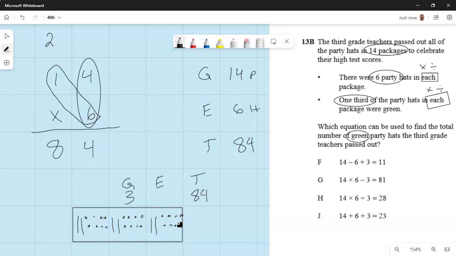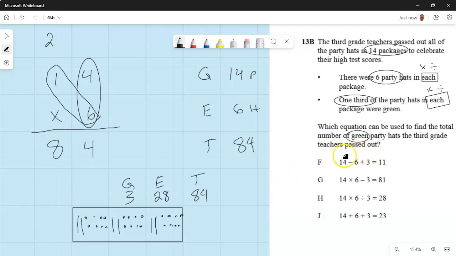So I divided them all out equally. It looks like I have 10, 20, 21, 22, 23, 24, 25, 26, 27, 28 in each group. 28 in each group. So that means 28 of the hats would be green.